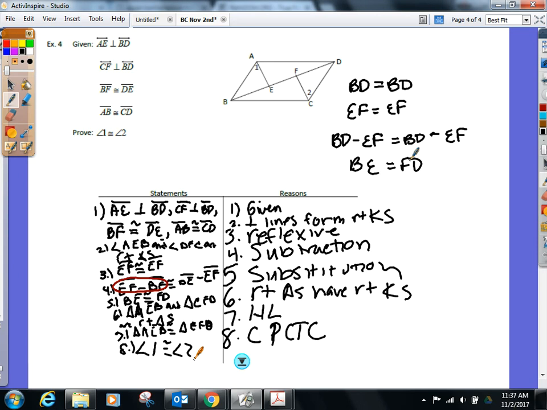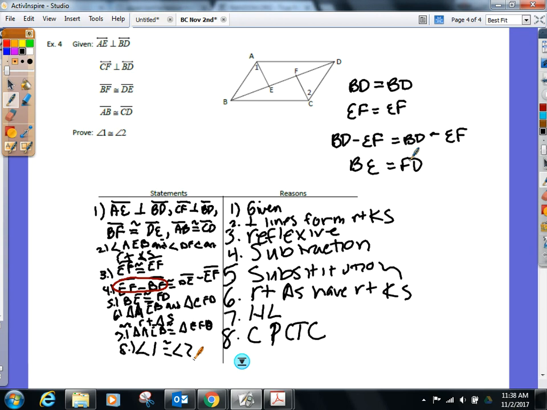Cameron, give me just a random length for BD. 7. Fine. Sean, give me a random length for EF. Well, that's not going to work because EF is a little shorter than BD, but it's okay. So how about something less than 7? 2. Okay. So here it is.